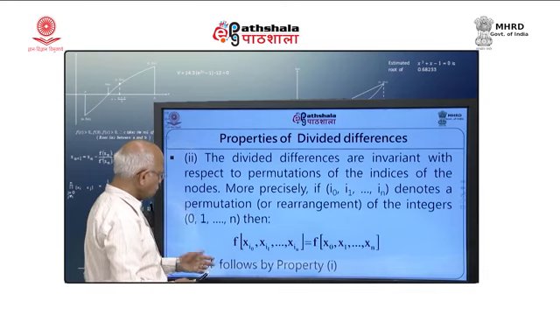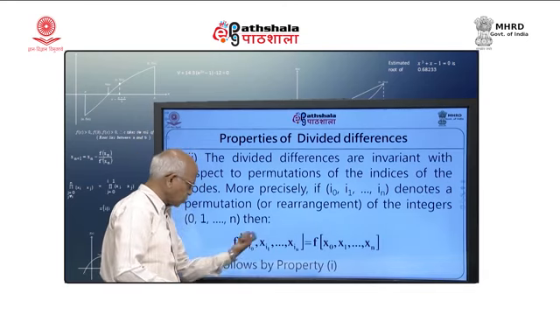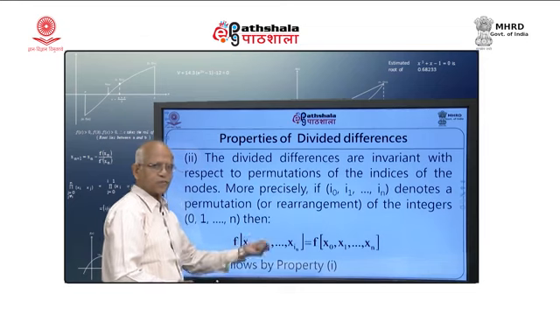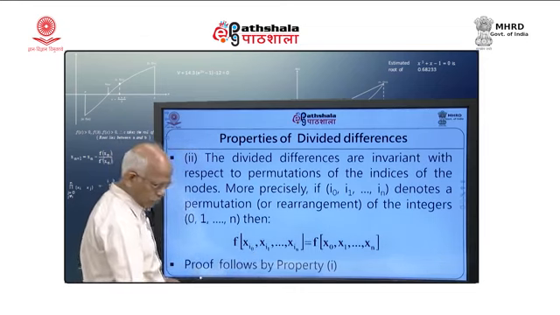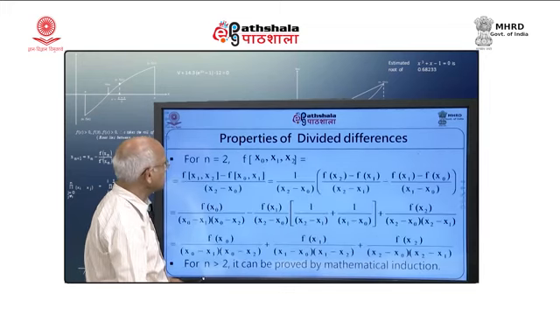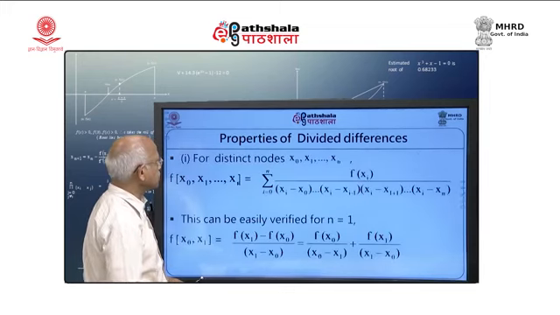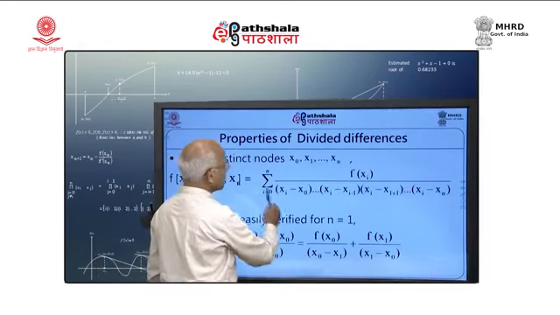So, the order in which you write these nodes does not affect the value of the divided difference, and that is evident from the first property, because the first property says you are summing up over all of these.